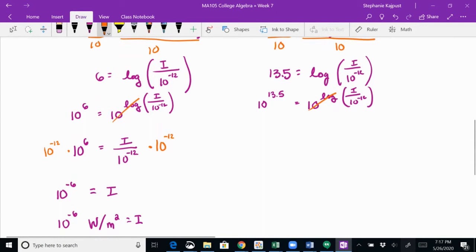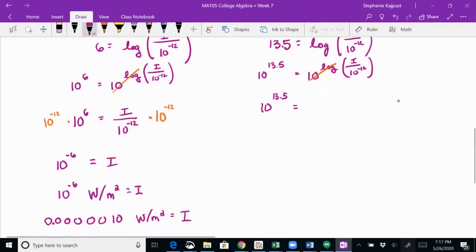The 10 to the log, that cancels out. So 10 to the 13.5 equals I over 10 to the negative 12. Now I'm solving for I, so I need to get rid of the denominator.